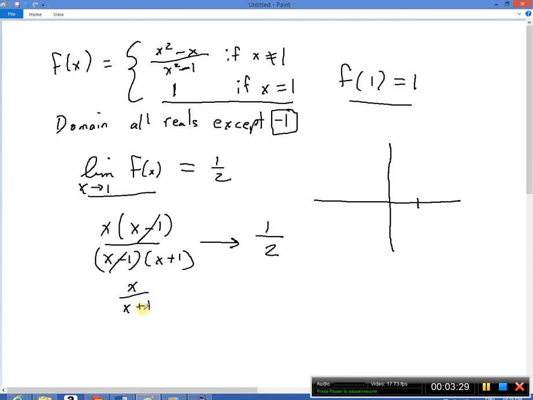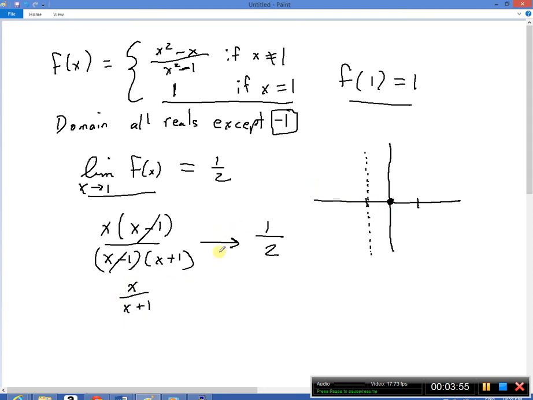We know that at x equal to -1, there's got to be bad news because there's a 0 in the denominator and -1 in the numerator. So it's going to blow up at -1. We already knew that -1 was not in the domain, but we can tell that it's an asymptote. Then, when x equals 0, we're going to go through this point.